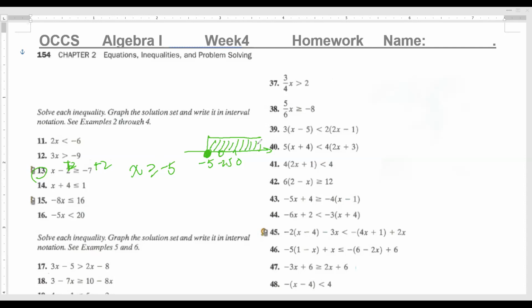So when you write the interval notation will be -5 to positive infinity. Positive infinity is this end. Negative infinity is right here. All right, so here you need to change bracket, left bracket, so you got like this one, right?